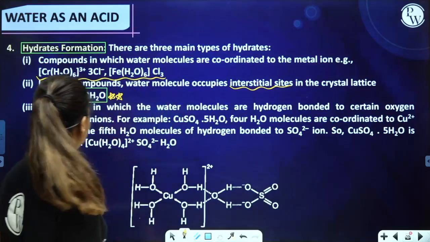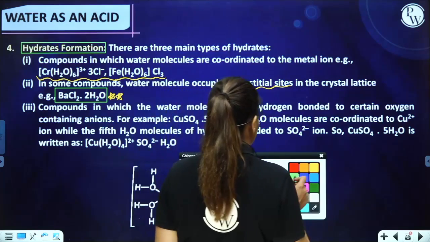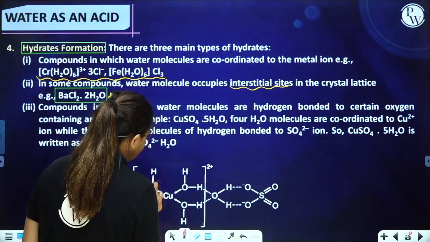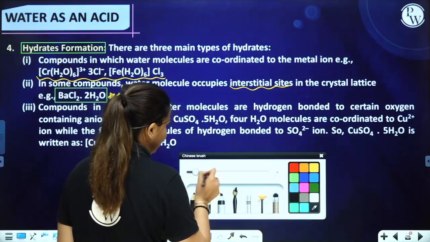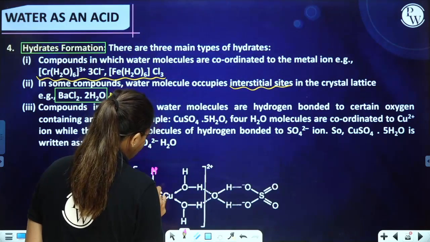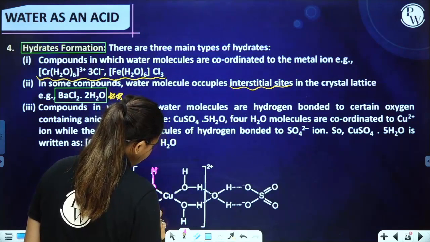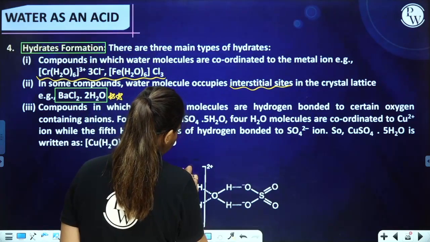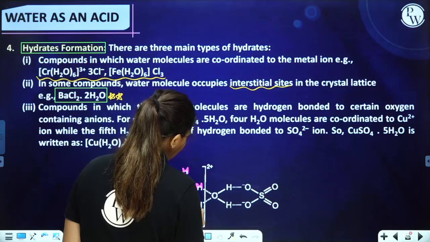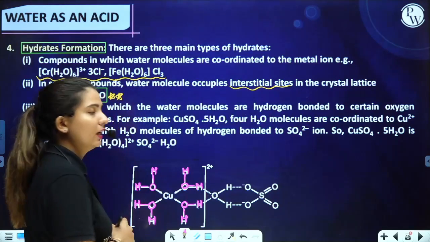Okay. Now we have a compound which is known as CuSO4.5H2O. Now I am explaining you a very important thing in this molecule, copper sulfate dot 5H2O. So how many water molecules in this are attached with the help of the coordinate bond, and how many of them are attached with the help of the hydrogen bond?